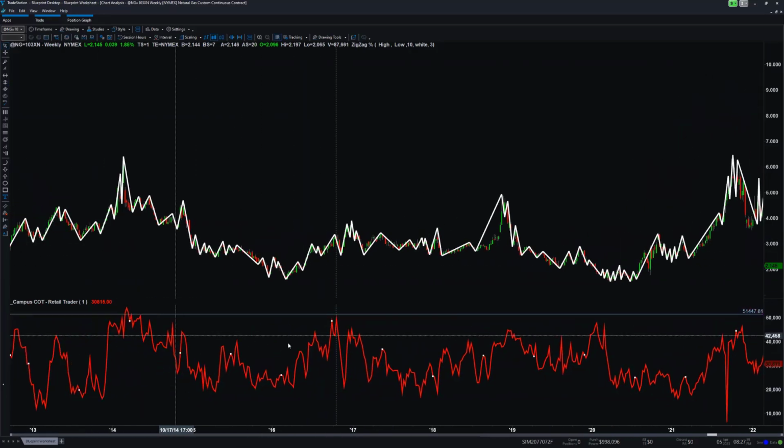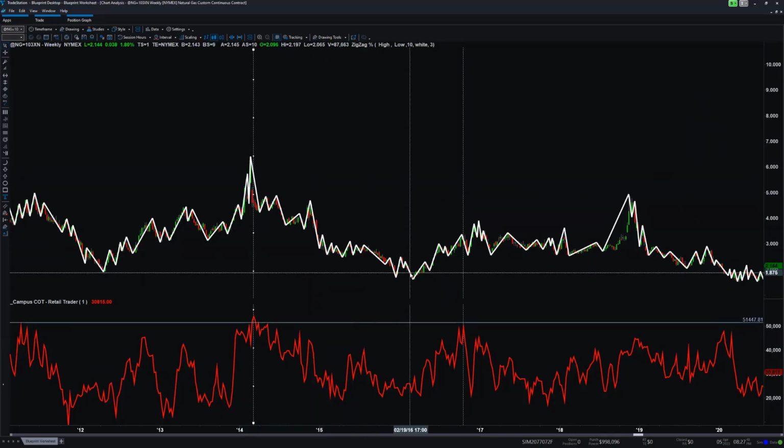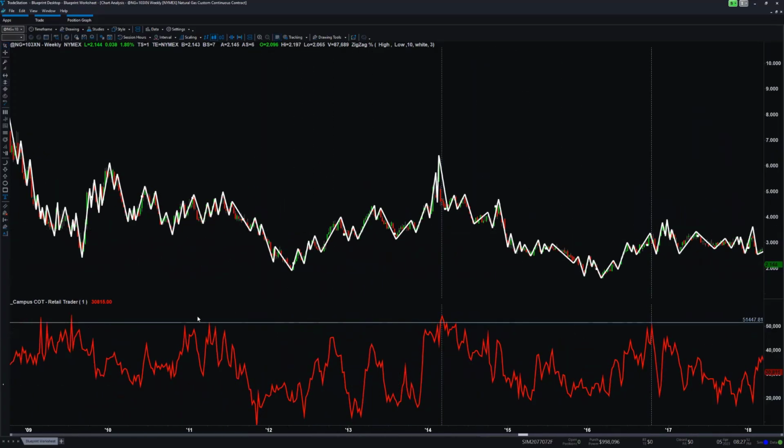But then where we really were at these extremes is here. Here it worked a little bit. Here it worked a lot. Right here it worked a lot. Here, eventually we also turned into a bear market, at least for a full year.